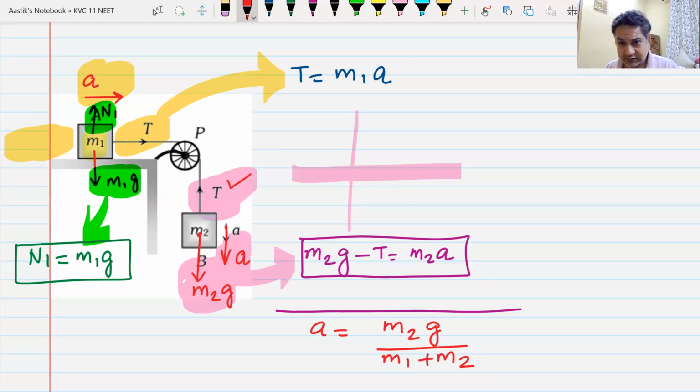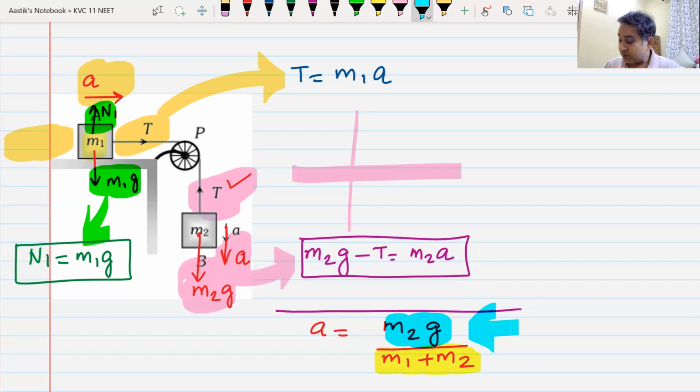Now, what do you see similar between this question and the previous question that we have done? Always the total mass of the system is coming in the denominator. In the numerator, in all the questions, it was the pulling force or the net force.